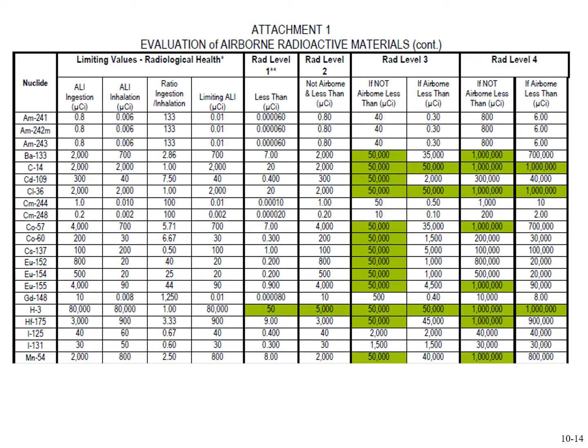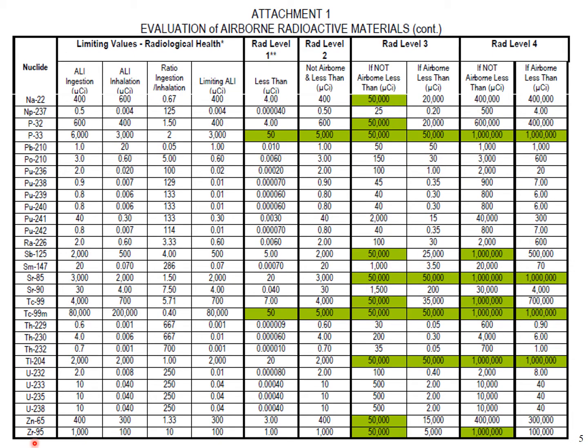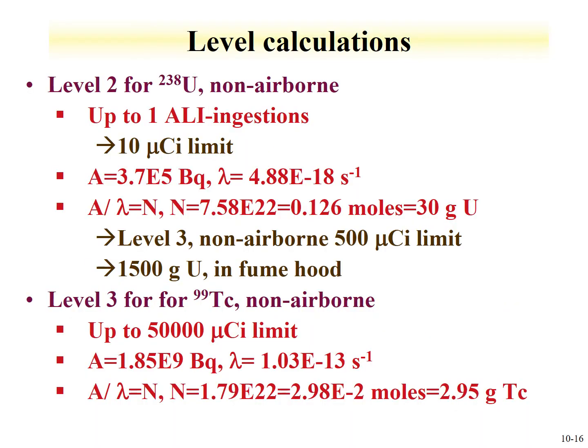And again, radionuclides are listed from americium to zirconium. All this data is available, and you could use this data to calculate the necessary radiation level that you would be working with in the laboratory. An example of that is provided here.